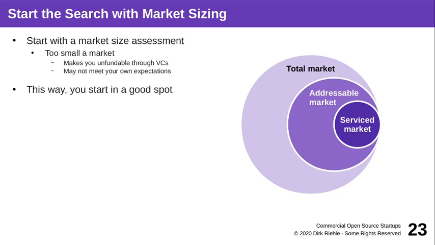When you look at market sizes, you need to split them into these 3 stages. What's the total market of anyone needing such a product or such a value proposition you're considering? Then you need to look at who of those will we actually be able to reach. That's the addressable market.